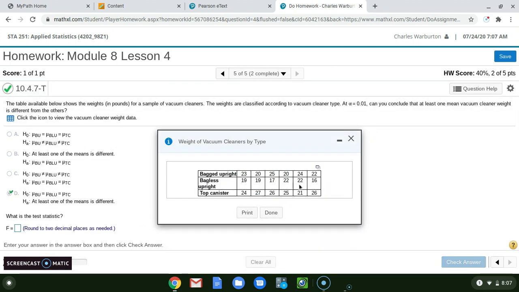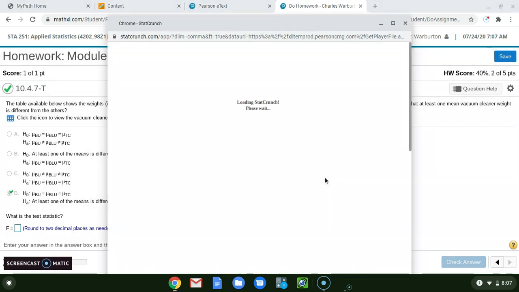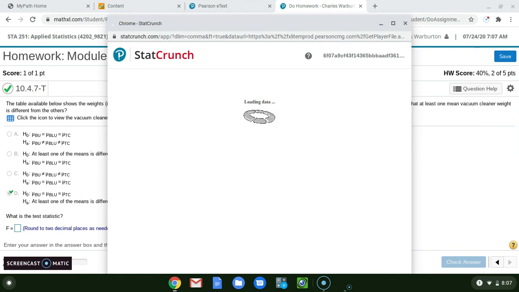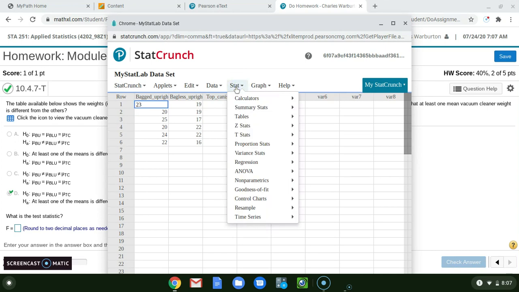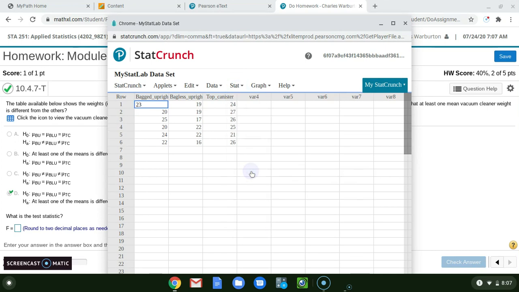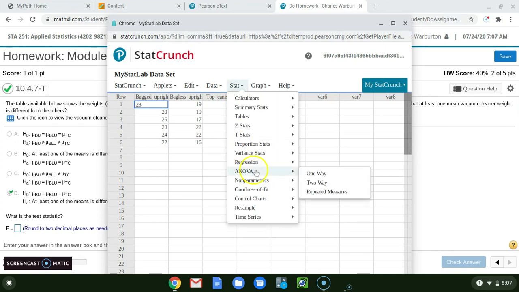The F statistic, that's not the critical value. They're just asking for the F statistic. So I can upload that in StatCrunch and get the F statistic. Remember where we find the F statistic is in the Anova. So we run an Anova test, one way.